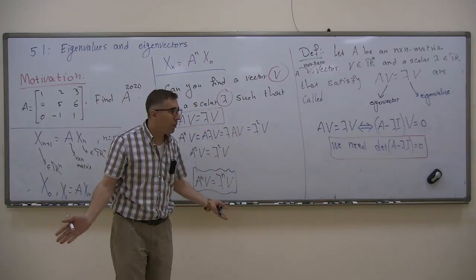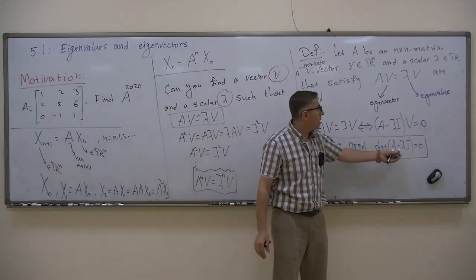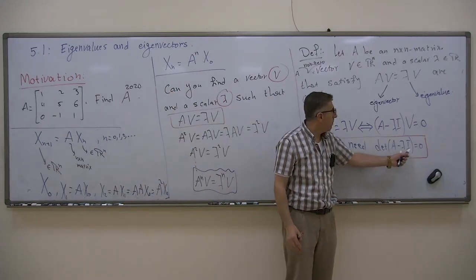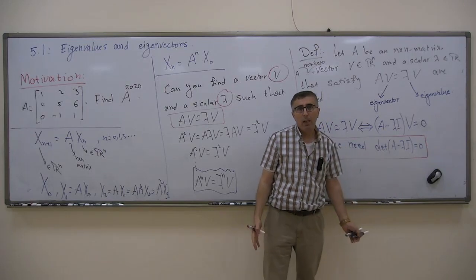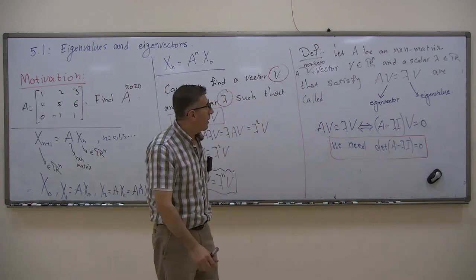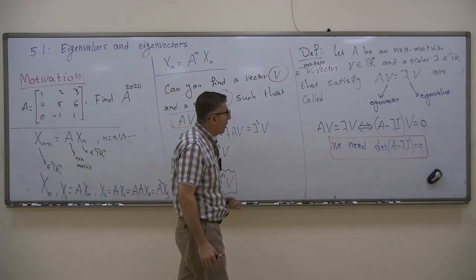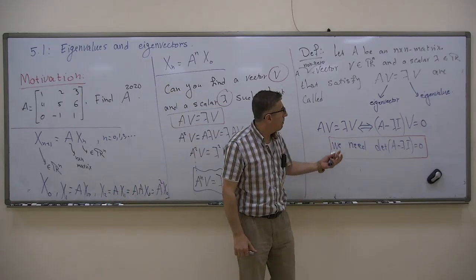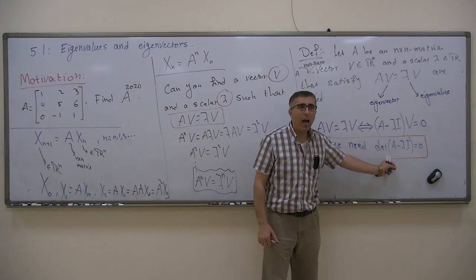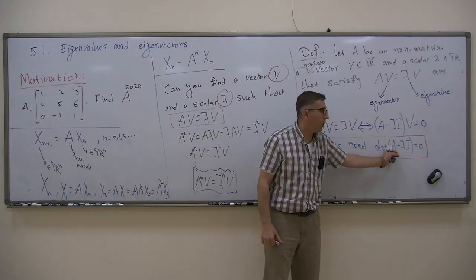You need to solve the equation for lambda and see which values of lambda will make this true. Okay? So now we covered the basic idea, and we gave a motivation. Why do we need this? Now it is time to see an example and see how we do this computationally.